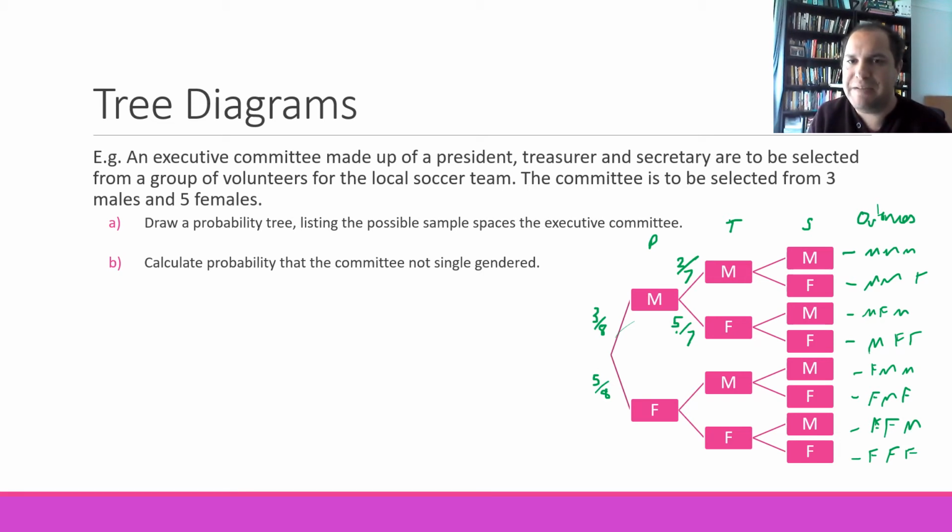Similarly for the secretary, if we've picked 2 males for the president and treasurer roles, then there's only 1 male left out of 6 people to fill that secretary spot. And similarly, there's 5 females left and 6 people to choose from for that secretary spot. So as we continue working through those, we can fill out all the probability branches on this particular tree.